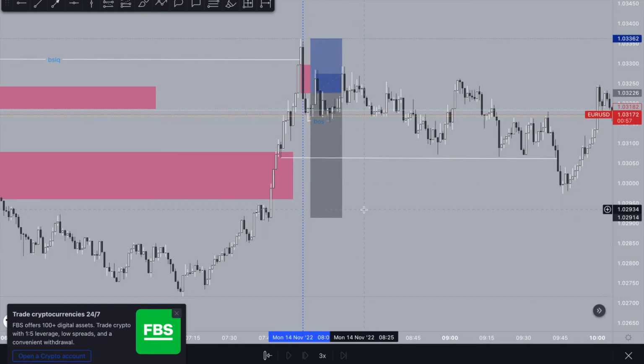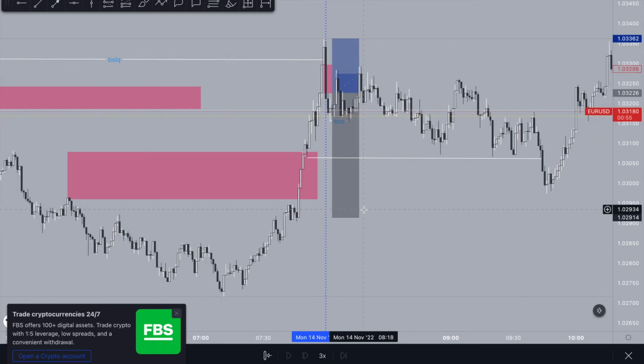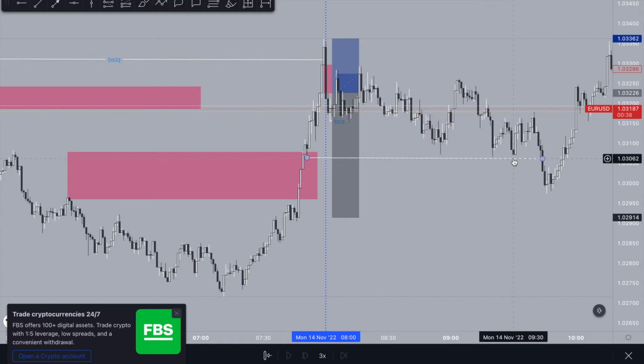However, probably because of the nature of my work, I could have set my alarm at least at this area, so that I could receive an alarm that the price is almost hitting or crossing my target area.